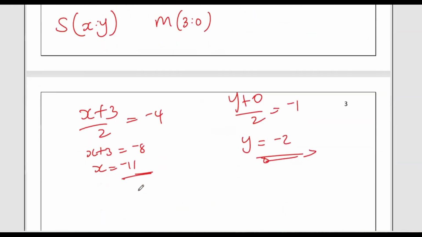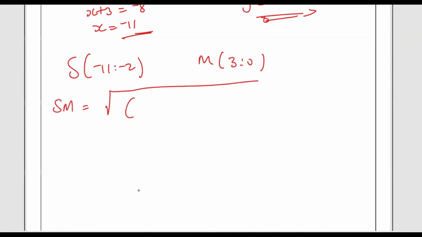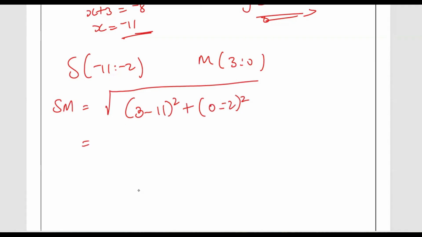Okay, so we shall say that our S is (-11, -2), our M is (3, 0). So the distance SM will be the square root of (3 minus -11) squared plus (0 minus -2) squared. Guys, I apologize for not writing the formulas, but you know what we're doing, eh?